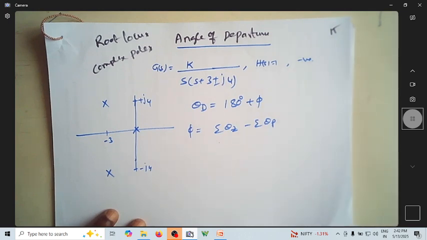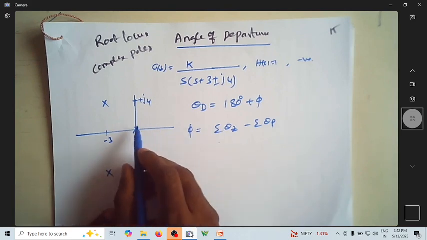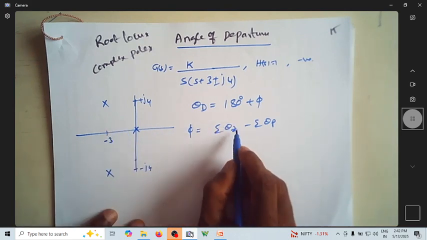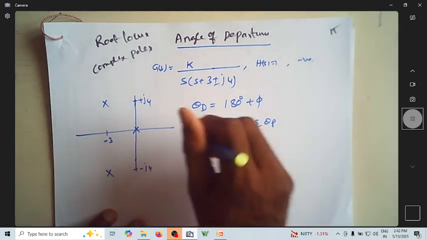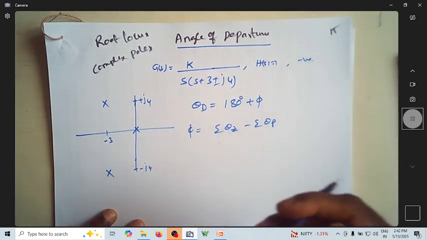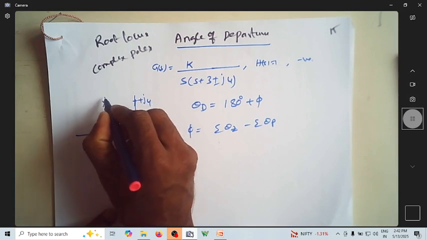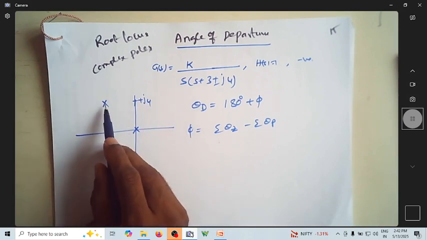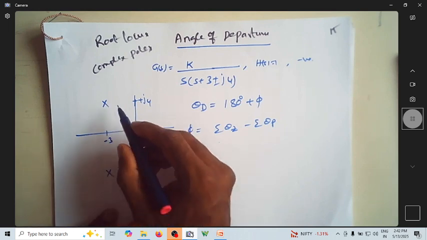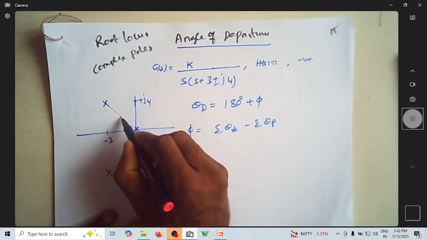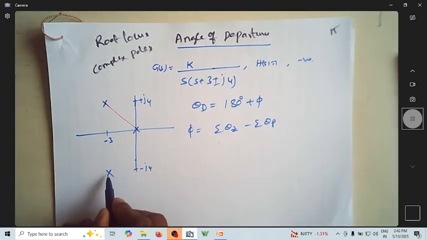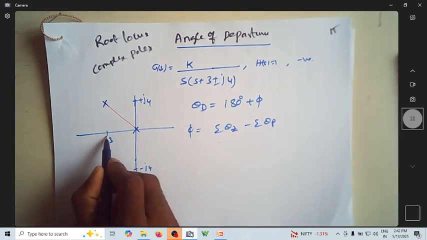To fill in these values, we join all the poles. If I want to find how the root locus departs from this particular pole, let me join this to this, and let me join this also to this.